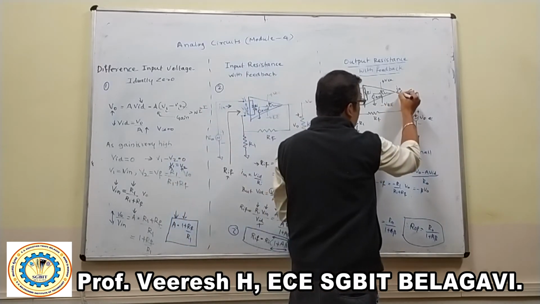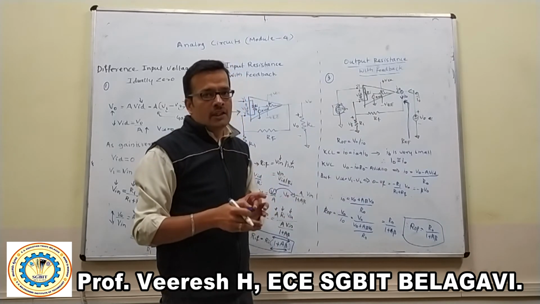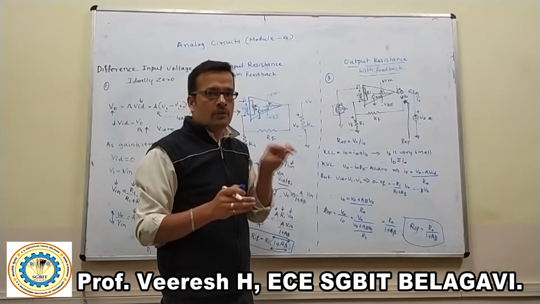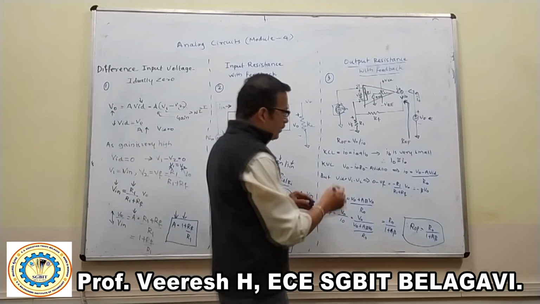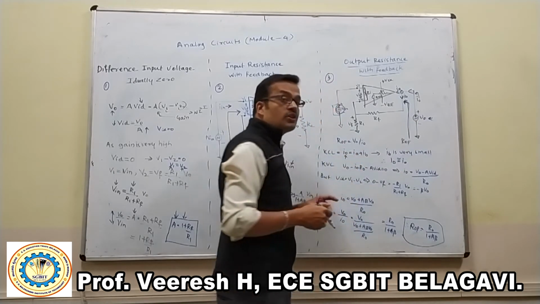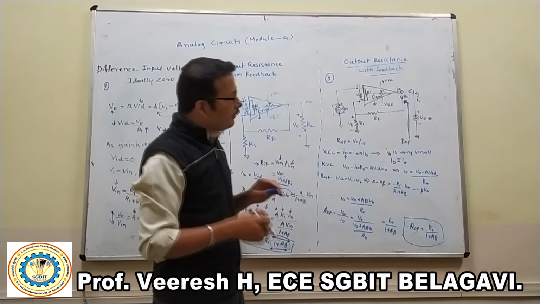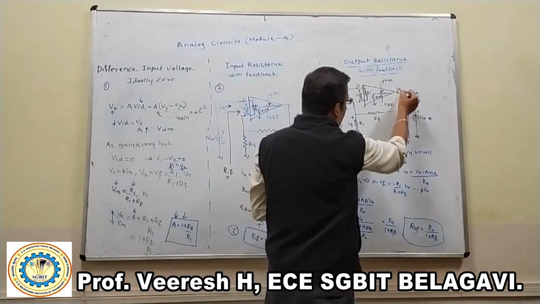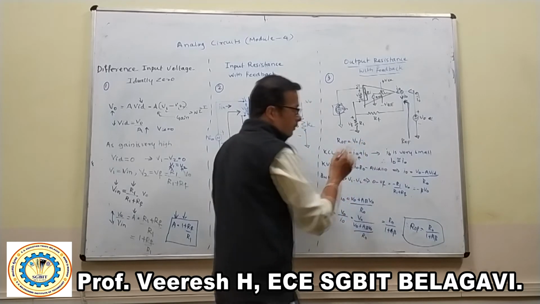For this node, I can apply Kirchhoff's current law. Kirchhoff's current law says the sum of the currents leaving the node equals the sum of the currents entering the node. The current entering that node is I0, and that must equal the sum of the currents leaving that node, which are IA and IB. So I0 equals IA plus IB.